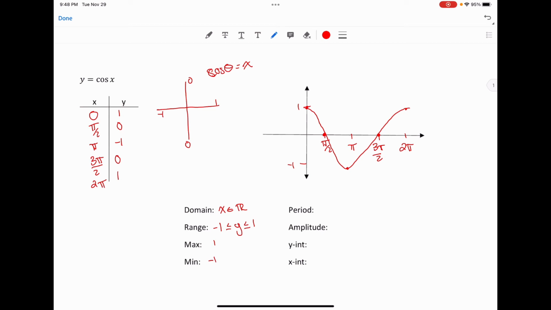Min is still -1. Period, you can see here now that this is what I meant by peak to peak. It is still 2 pi. Amplitude is still the middle of the wave up. It is 1. The y-intercept this time is 0, 1. And the x-intercept, now we start at pi over 2 plus or minus n pi, where n is an integer.